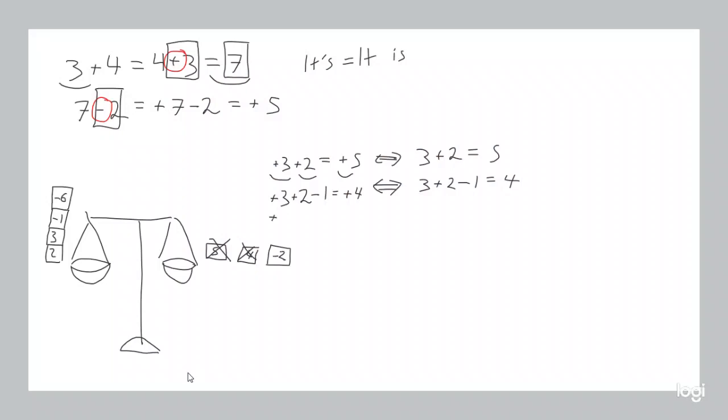So we've got a positive 3 and a positive 2 and a negative 1 and a negative 6, and that's the same as a weight of negative 2. And if we want to write that in shorthand without the leading positives, we just have 3 plus 2 minus 1 minus 6 equals negative 2.